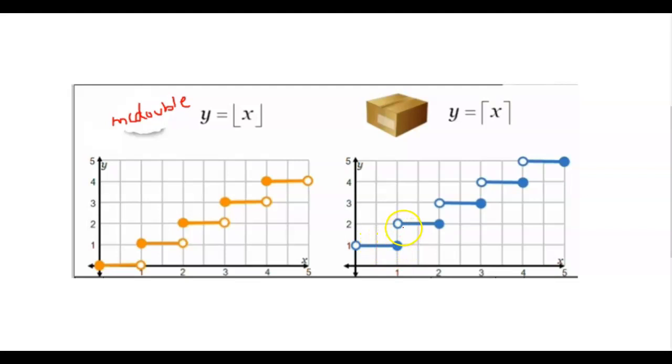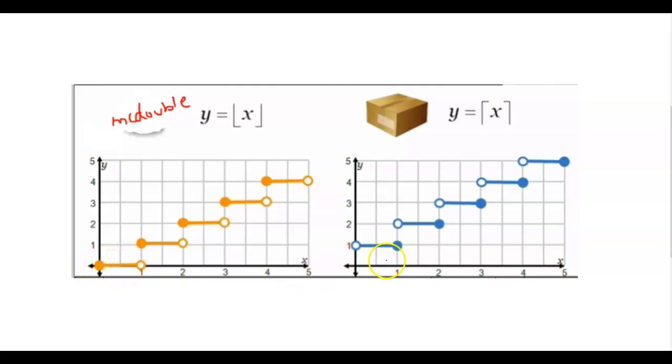We reach the ceiling or the max because we're rounding up, when our value is a little bit over that integer. So in the interval between 0 and 1, on the greatest integer or floor function, I'm right at 0.